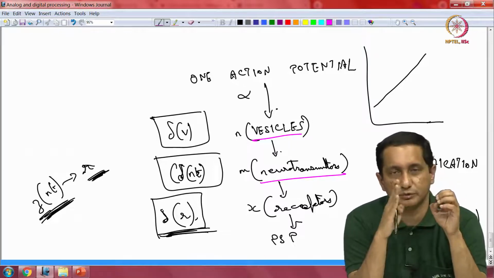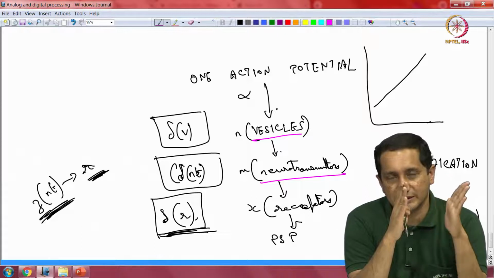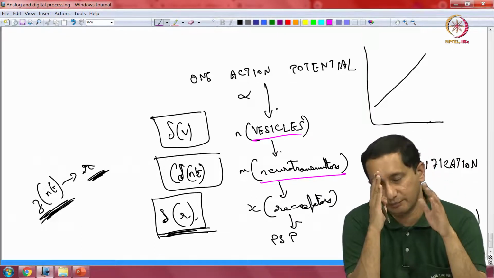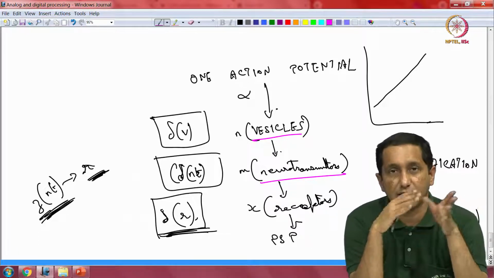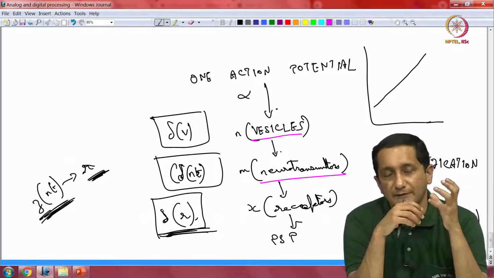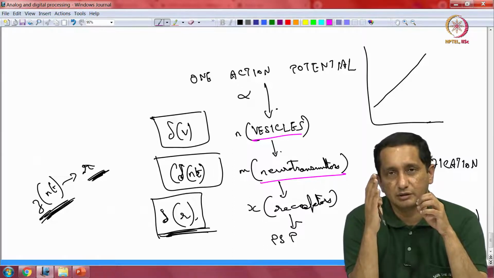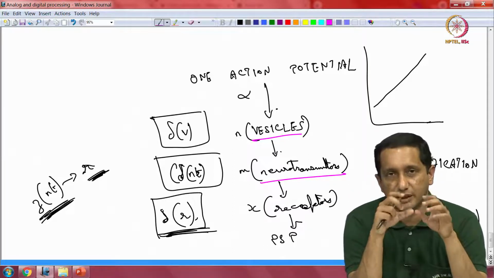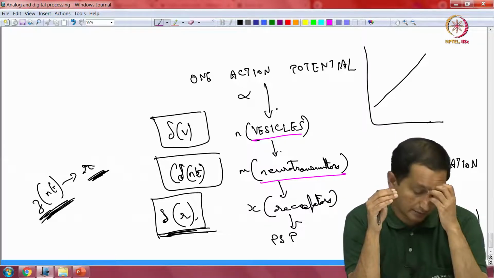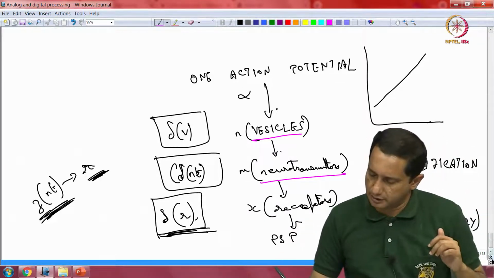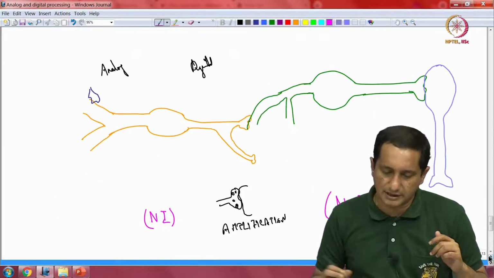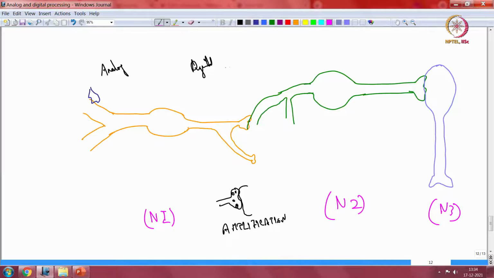So, given the input, the ratio between the vesicles and the postsynaptic receptors, we are still again looking at an analog transmission. The affinity of different neurotransmitters to their receptors can be tweaked, and there are regulatory methods by which that change happens. So, we have analog over here, digital in the axon, analog at the synapse. Then again we are back at the next synapse.